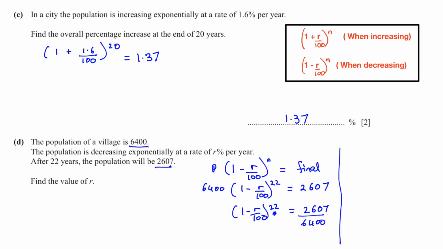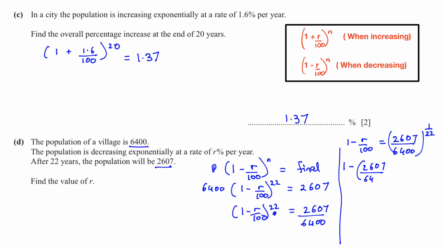So 1 minus r over 100 is equal to 2607 over 6400. When you move the power to the other side, it will become 1 over 22. We flip it over. And then whatever answer you get, I'm not going to put it in the calculator now, I'll just shift it here.